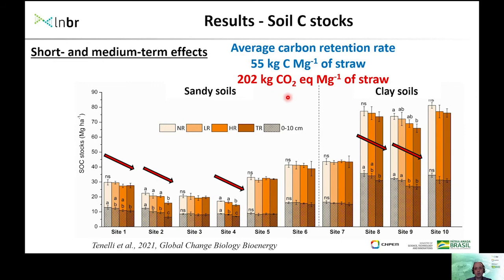When the data were converted to CO2 equivalent, it was around 200 kilograms of CO2 equivalent per megagram of straw. This value will be used in other slides in order to compare the results in terms of CO2 equivalent.